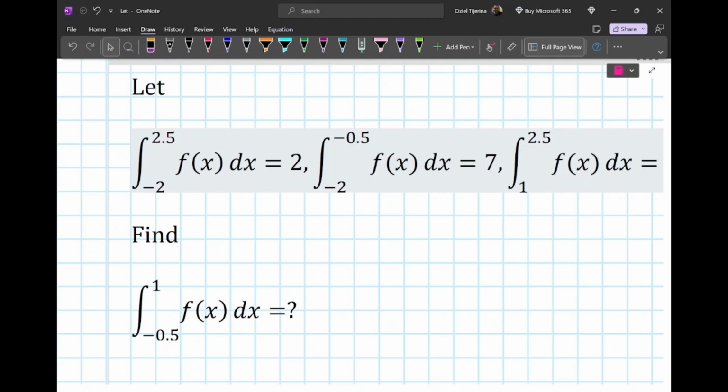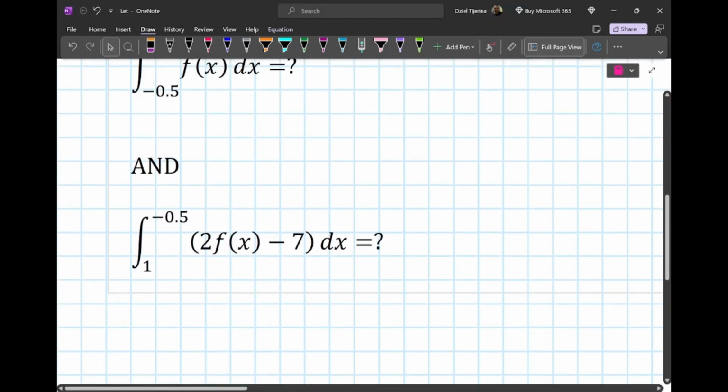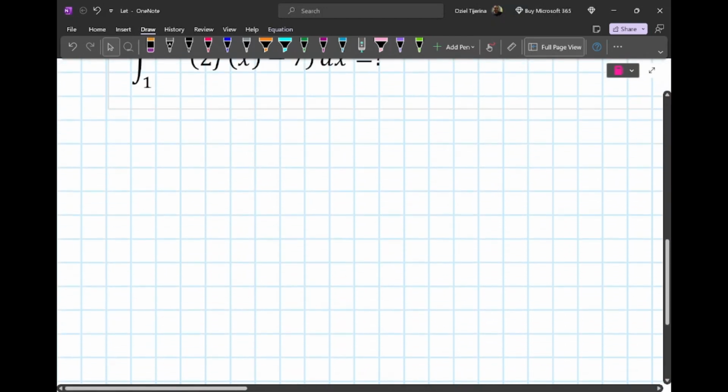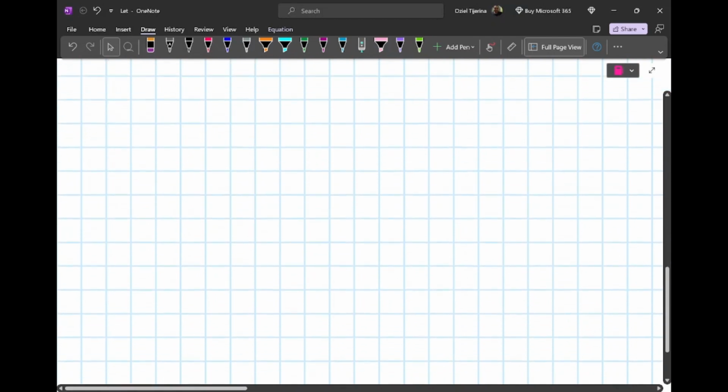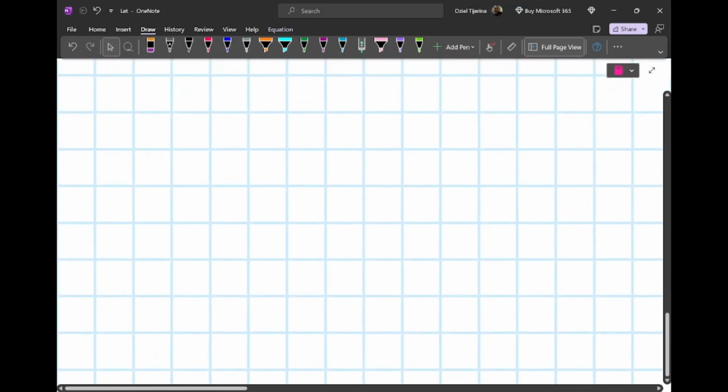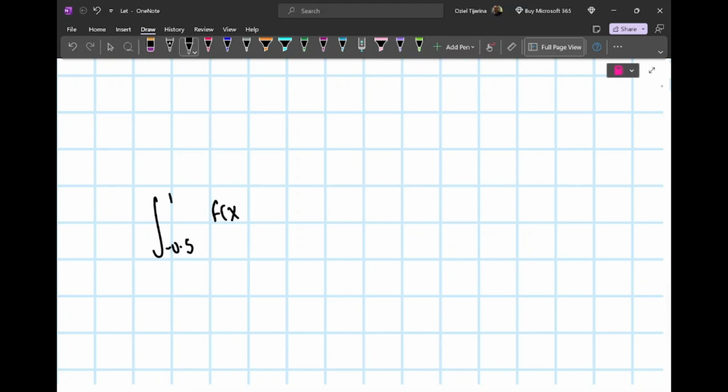Here's what we know, and I'm just going to put these as two different parts. Part A says to find the integral from -0.5 to 1 of f of x dx, and rewrite it.